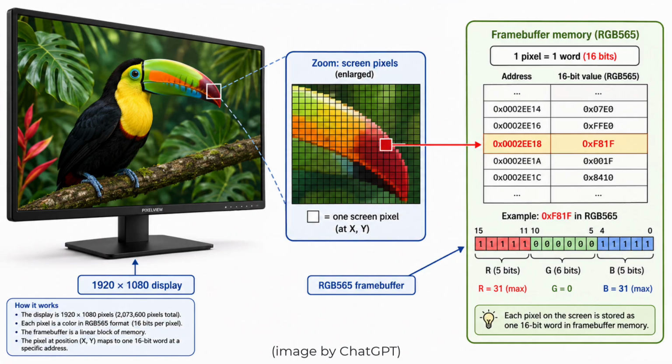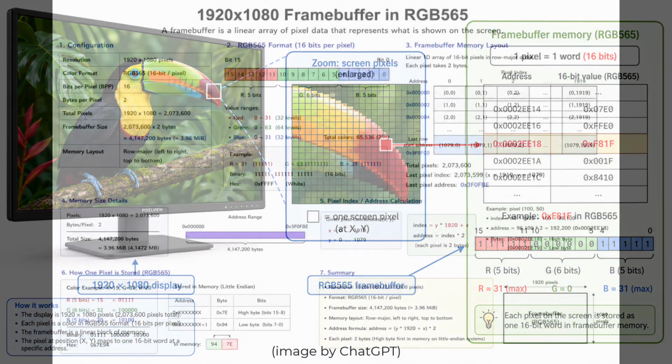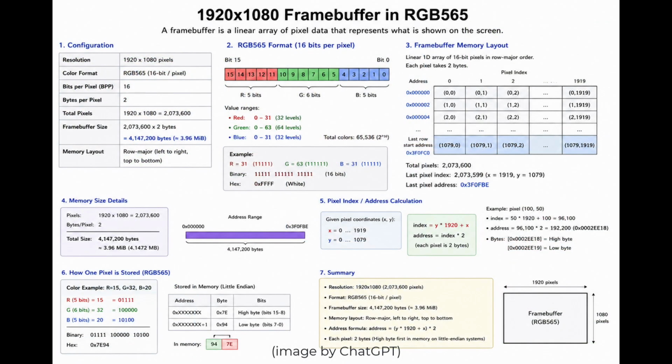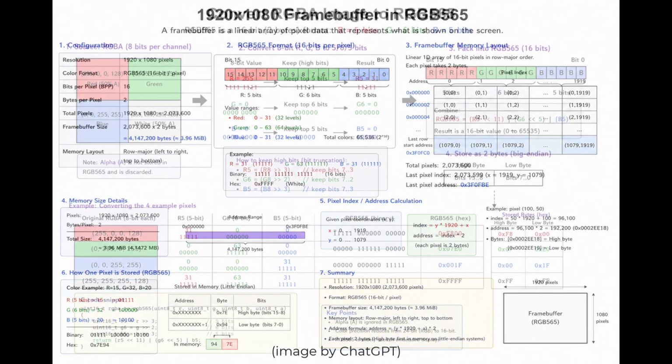So values from 0 to 31 for red, 0 to 63 for green, and then 0 to 31 for blue. And also, there are 1920 by 1080 pixels, which is over 2 million pixels, times 2. So we have over 4 million bytes that we have to transfer from memory to the framebuffer in order to see our image in the Raspberry Pi.